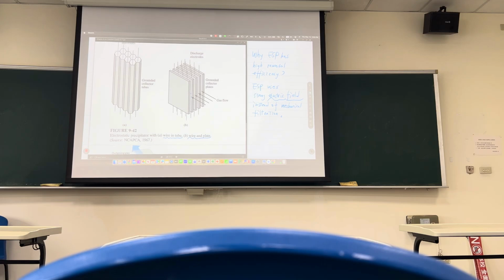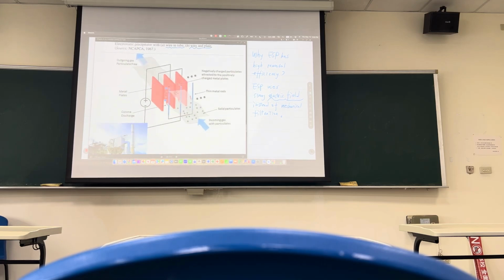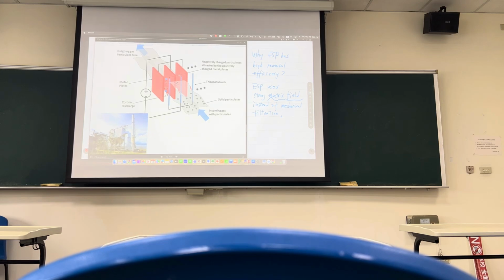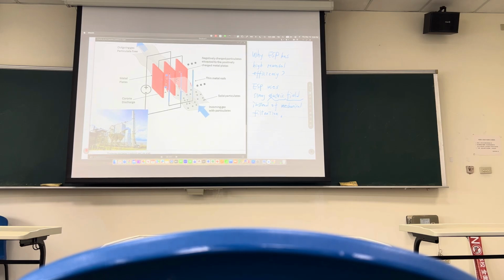This slide just tells you what the wire and plates do, and this one shows you the working principle for ESP. Those charged particles will be attracted to the electrode.